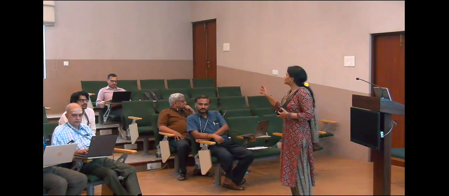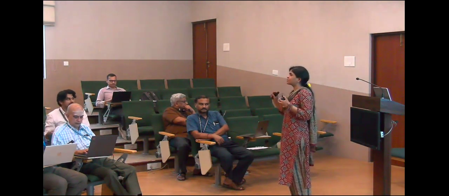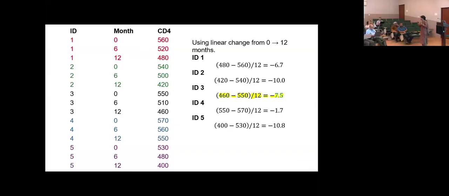But one thing, please remember, comparison is not only done between categorical variables. Comparison can be done between a CD4 count of 20 and 21 also. So you can do a comparison even between two counts of CD4. That is the comparison here.